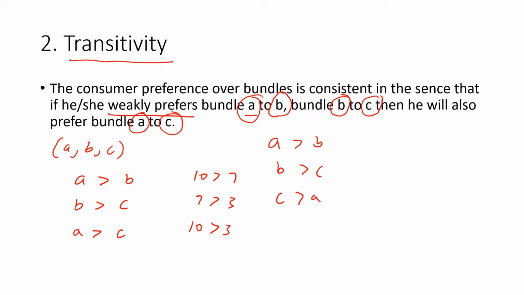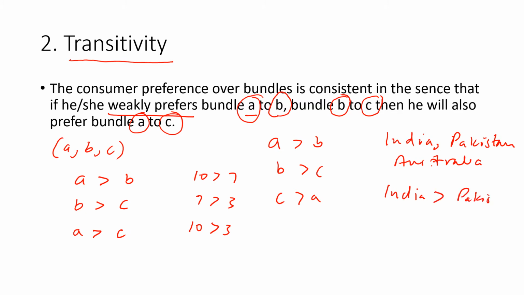For example, if we talk about cricket matches, and we have three teams, India, Pakistan, and Australia, and these three teams are playing a tri-nation series, let's say, and India wins from Pakistan, and then Pakistan is able to win from Australia, and Australia is able to win from India.